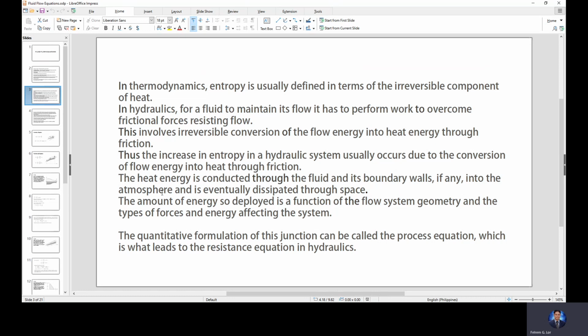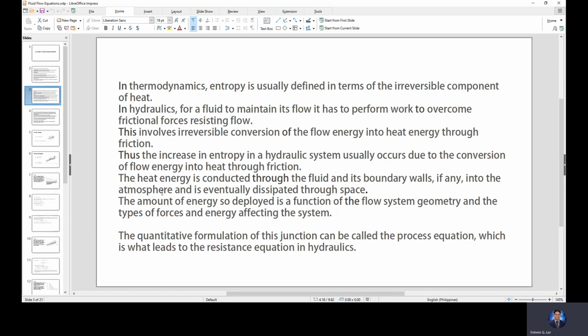So actually, it also occurs in the flow of fluid or flow of liquid in our application in hydraulics. For a fluid to maintain its flow, it has to perform work to overcome frictional forces resisting flow. We know that pressure exists everywhere.